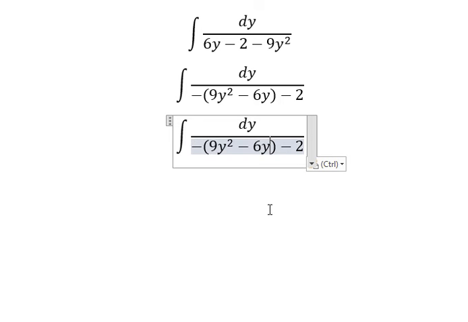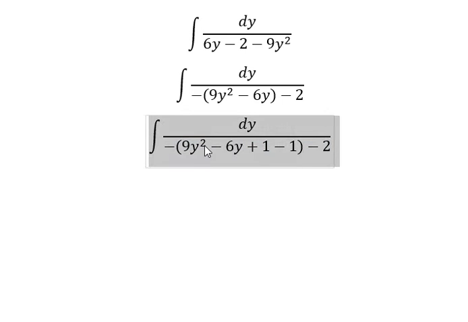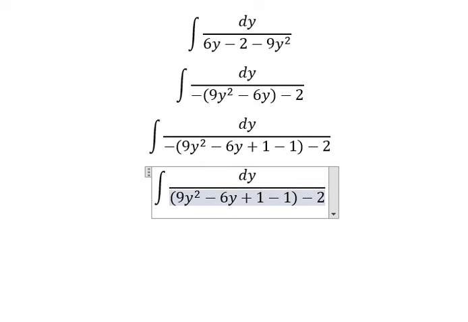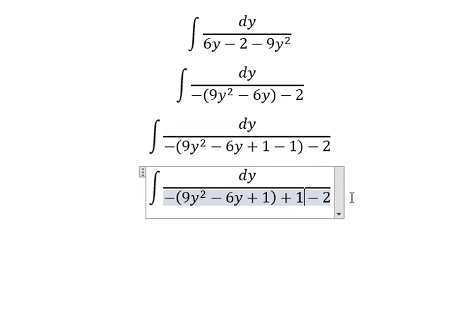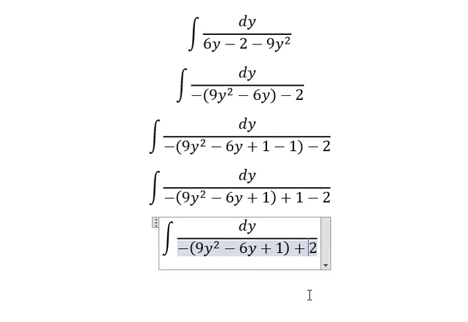So we need to add positive number 1. That means we need to minus negative number 1. Negative, negative, we have positive number 1. One minus number 2, we have negative number 1.